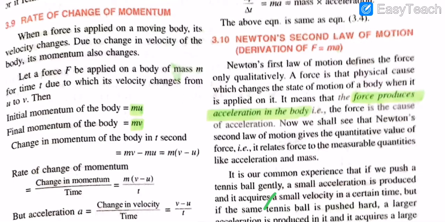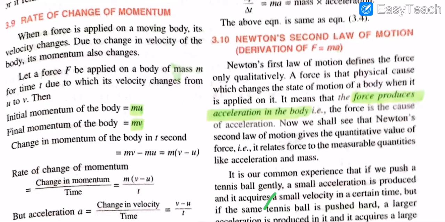So the rate of change of momentum equals ma, that's mass into acceleration, and yes, that's it. And this relation holds true when the mass of the body remains constant. Thus, when a force acts on a body, the rate of change in momentum of a body is equal to the product of mass of the body and acceleration produced in it due to the force, provided that the mass of the body remains constant.